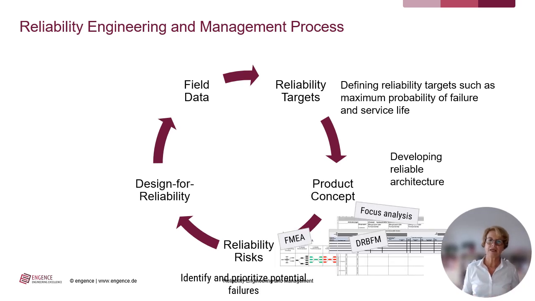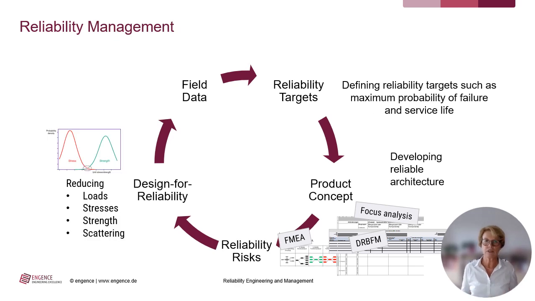Here we use methods like the FMEA, failure mode and effects analysis. Also the so-called focus analysis is very suitable and very straightforward, or we apply design review based on failure mode, in short DRBFM. There are several ways to straightforwardly identify and prioritize reliability risks.